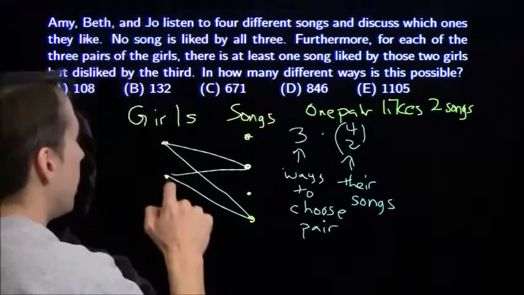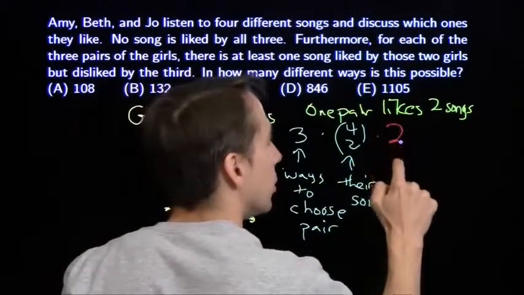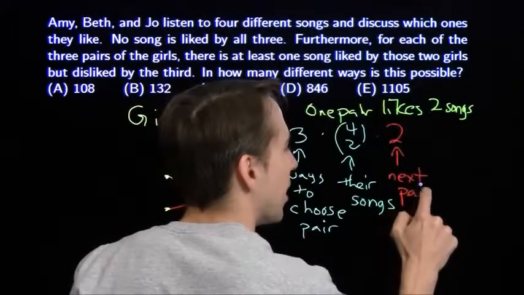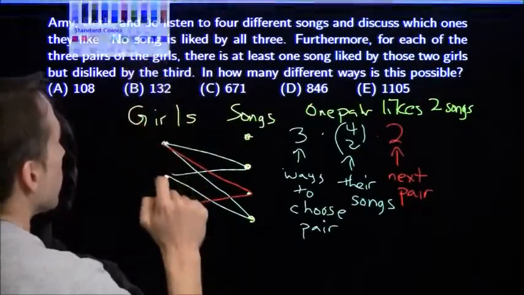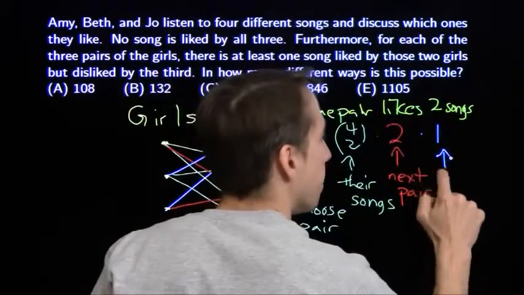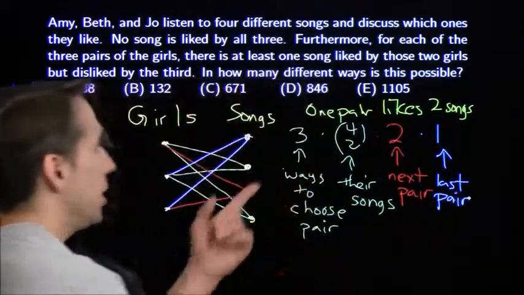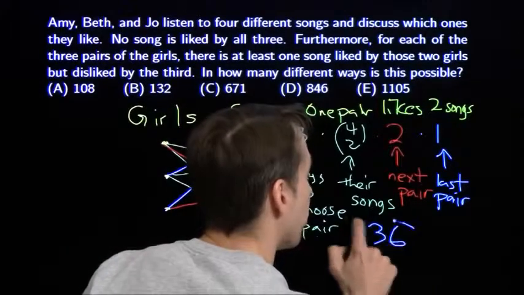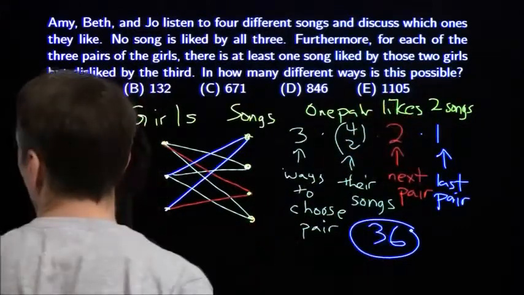So the first pair has 2 choices. And then of course the remaining pair just gets that last song that hasn't been chosen yet. And then we just multiply this out. 3, 4 choose 2 is 6, 3 times 6 is 18, times 2 is 36. So there are 36 ways the girls can like their songs if there's one pair that likes two songs.